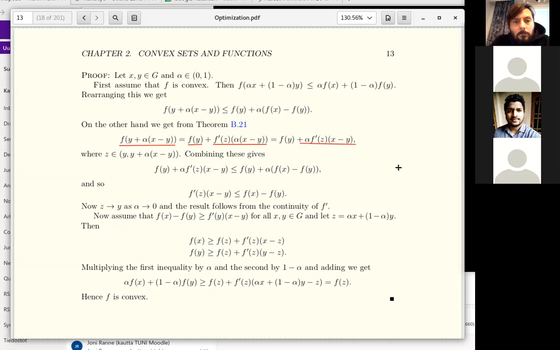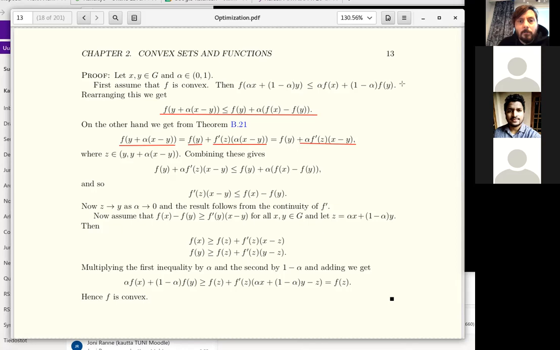Now we can combine these two with the convexity here, because from convexity we get that f at y plus alpha times x minus y must be smaller than or equal to f at y plus alpha times f at x minus f at y.